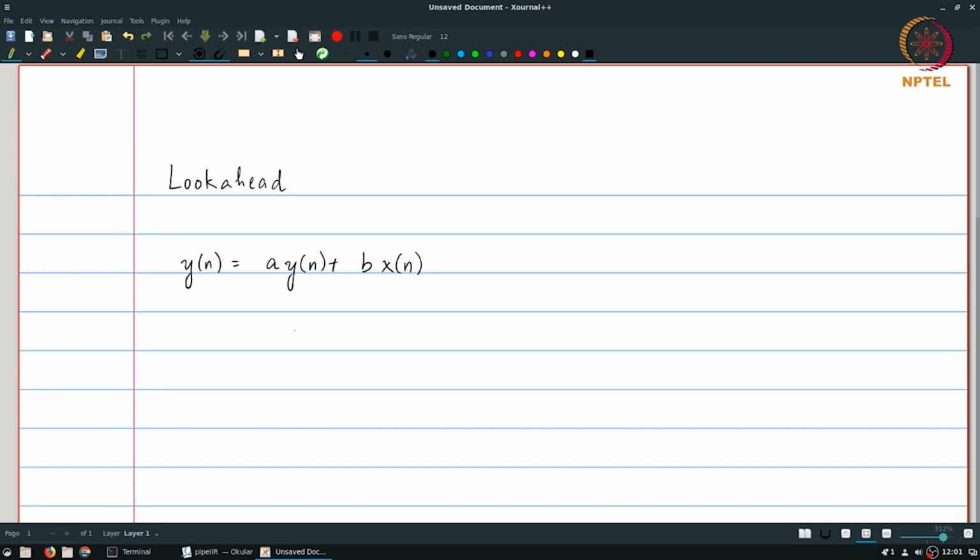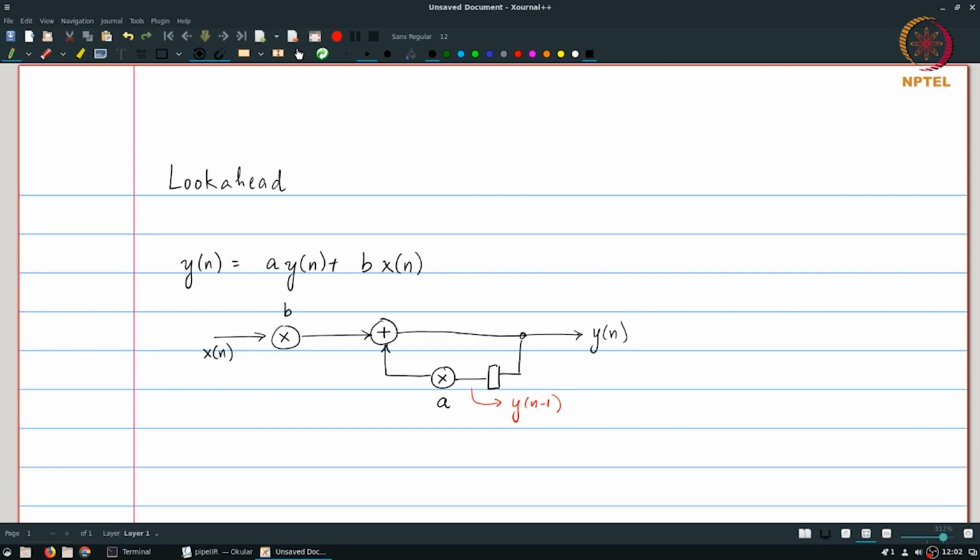A fairly straightforward and obvious implementation of this would look something like the following diagram. X of n would be multiplied by b, and the output y of n would go through a single delay element to generate over here y of n minus 1, which would then be multiplied by the coefficient a and added to the x term that we already have.